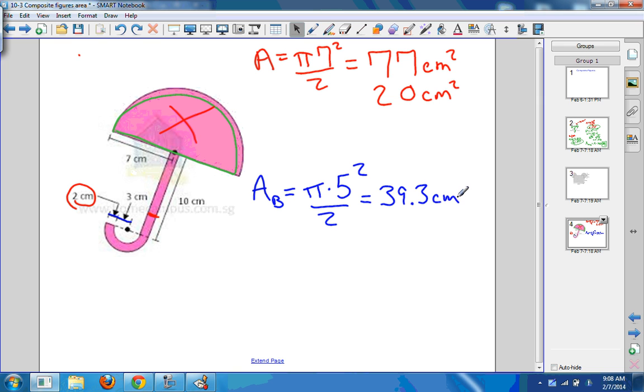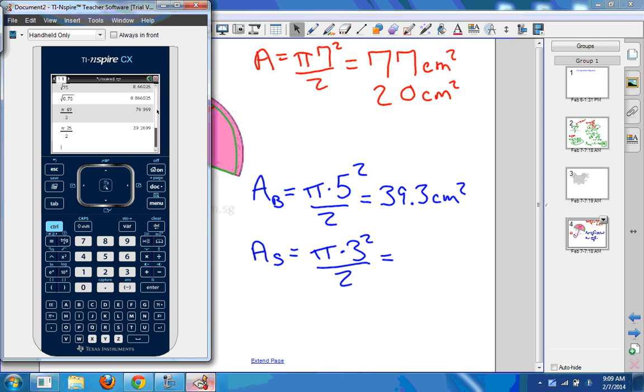centimeters squared. So now we need to take out this little circle here. We need to subtract that from our big circle. So the area of, call it our small circle, is going to be equal to pi times the radius of that small circle. Looks like it's 3 squared over 2. We're going to divide it by 2 again because it's only half the circle. All right, so let's put that in our calculator.